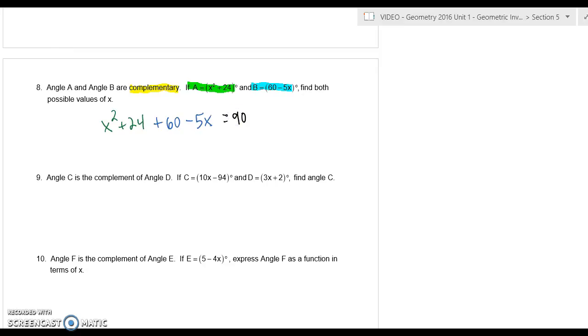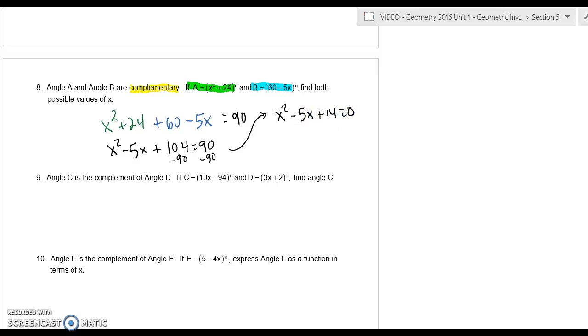I'm going to look to combine like terms, so I've got an x squared minus 5x, and this is plus 104 equals 90. I want to find both possible values of x, so I'm going to move that 90 degrees over. And I have x squared minus 5x plus 14 equals 0.